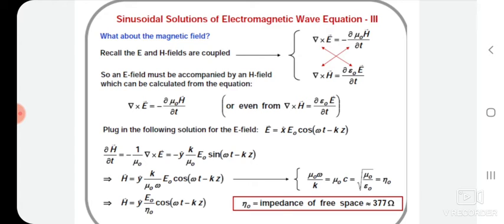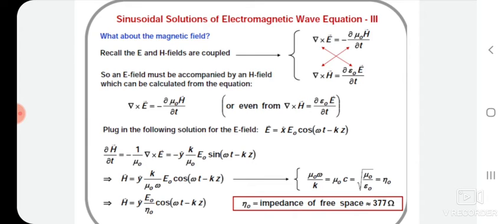Therefore, an electric field must be accompanied by the H field. Therefore, del cross E is equal to minus mu naught dou H by dou t, and del cross H is equal to epsilon naught dou E by dou t.